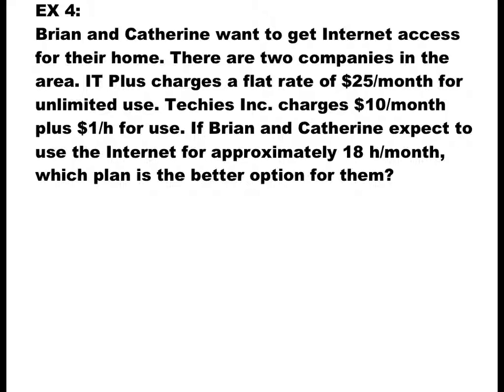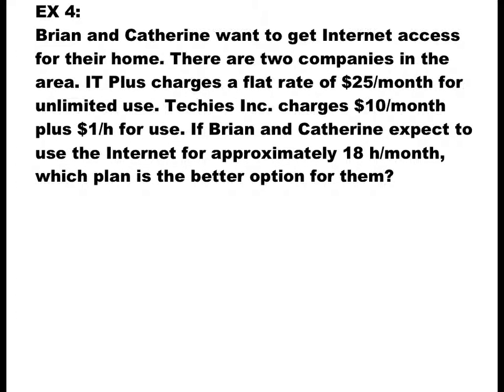Our next example concerns the decision on picking between two internet companies. One of these companies, IT Plus, charges a flat rate of $25 per month. So let's write this one as C IT to be $25 a month, no matter how many hours you use the internet.